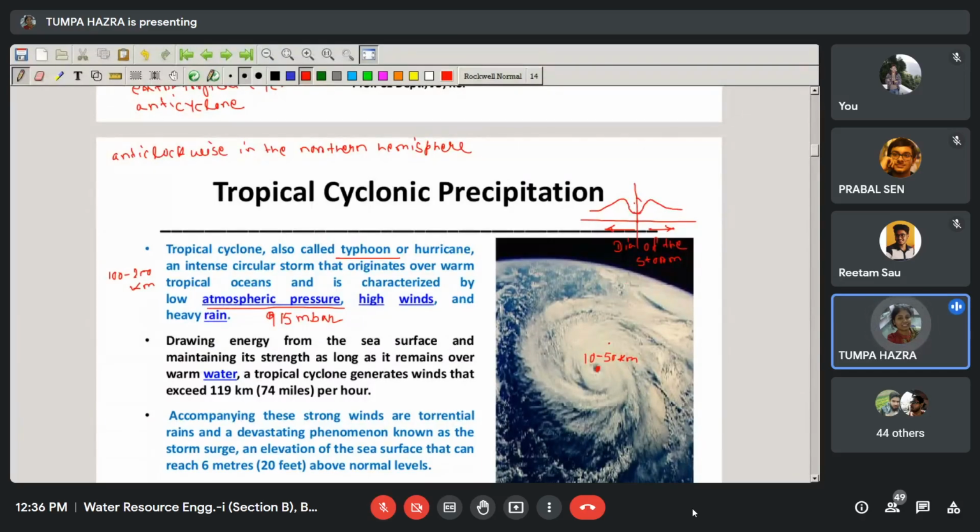That is, at the center, at the eye, it is calm, then it is increasing at the right side edges, but again it is decreasing at the last edges. This is the wind profile. Now if you plot the pressure profile, I already told you that it is a low pressure region and the pressure increases at the edges. So this is the pressure profile.